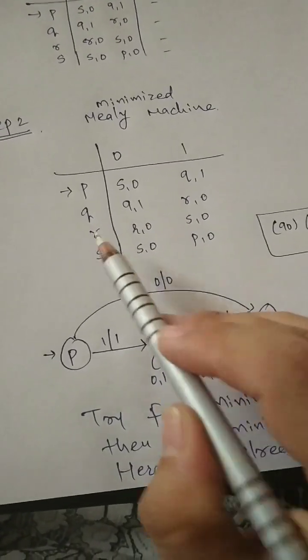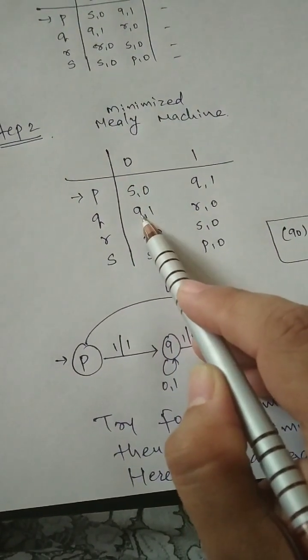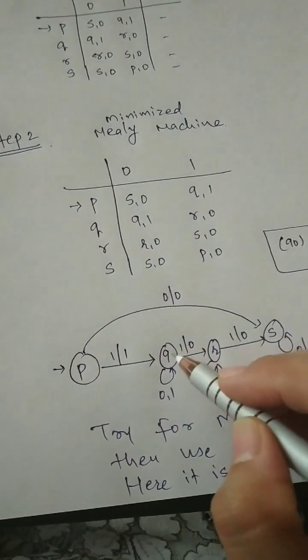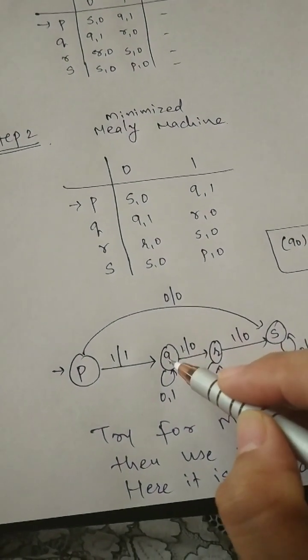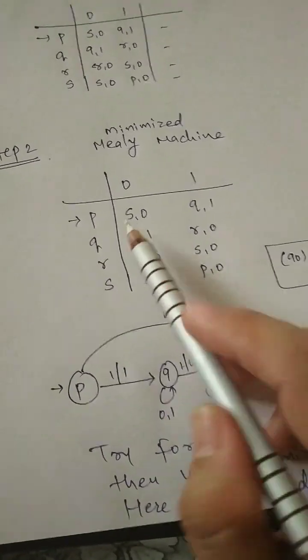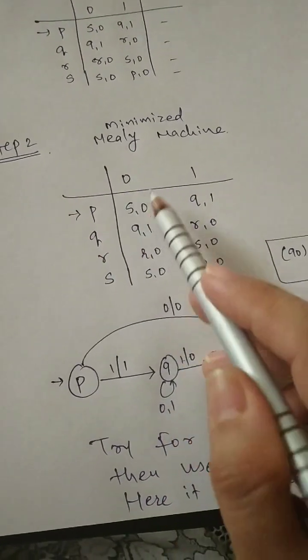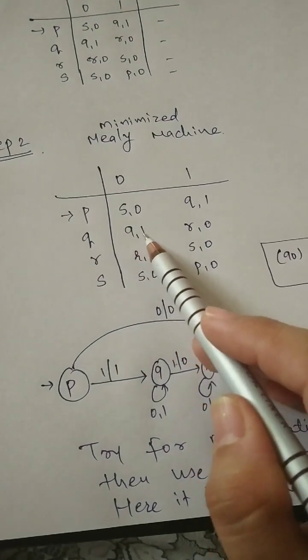If you are in state Q, and input symbol 0 is there, you will go to state Q itself with output 1. That means for this transition a loop will be provided because of the self reachable state. That means you will be in Q with output 1.